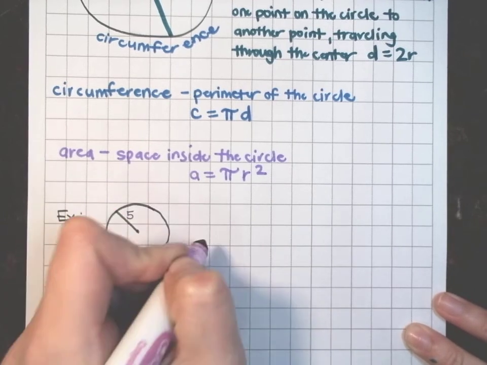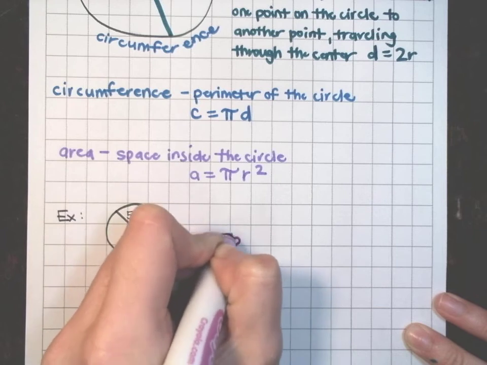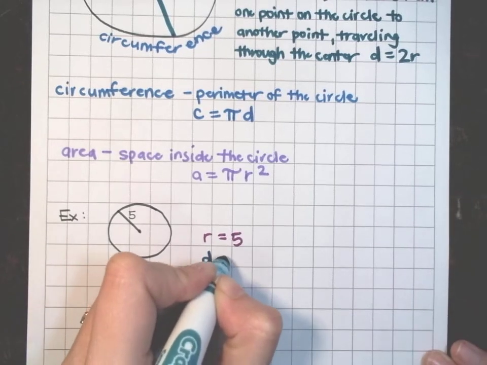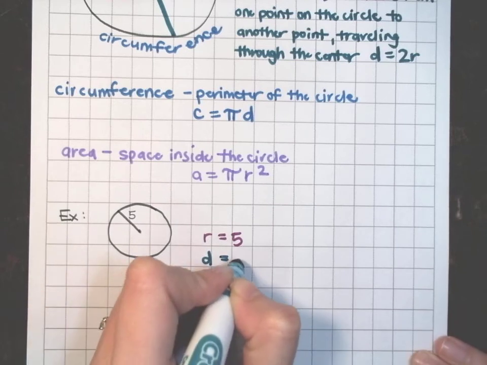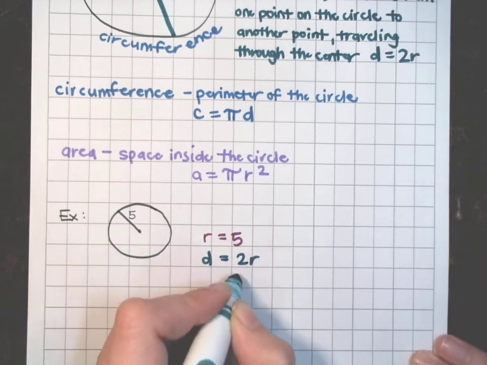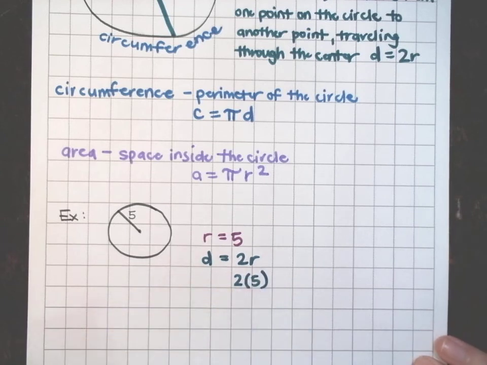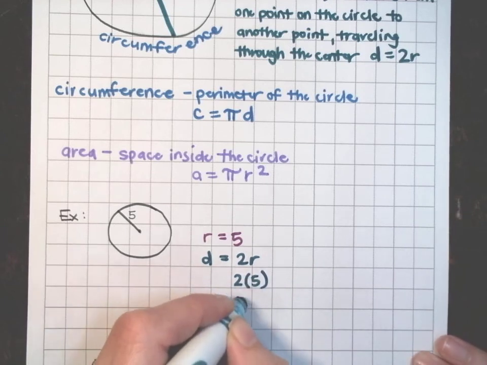So we know that the radius equals 5. We know the radius, we can find the diameter because we're going to need the diameter for the circumference. And so the diameter is equal to 2 times the radius. So we multiply 2 times 5, which is 10.